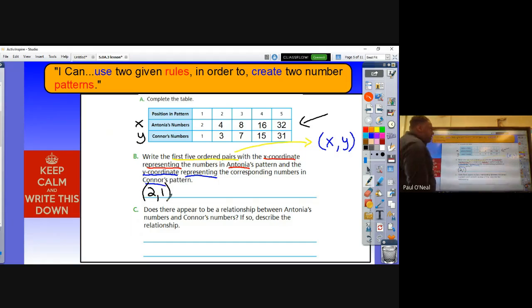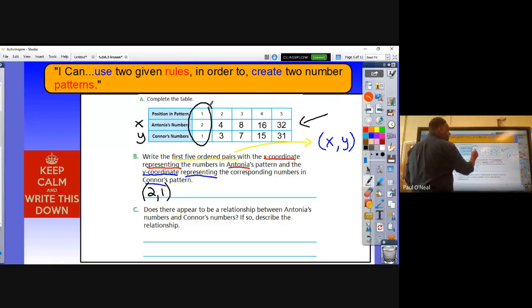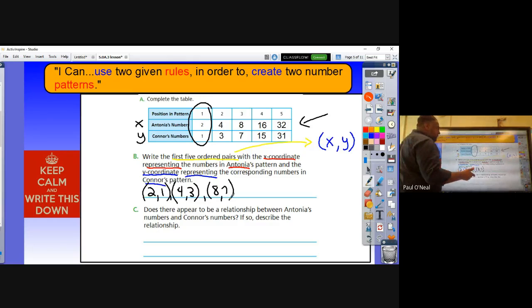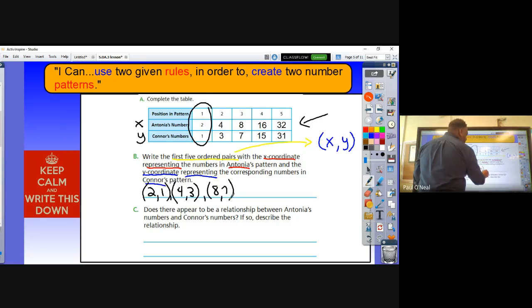How did I get that? Well, Antonia's number is X. Connor's number is Y. So that's the first slot here. The next slot, 4, 3. Next, 8, 7. And you're probably starting to see the order pair, which now we should be able to tell the next one is 16, 15.